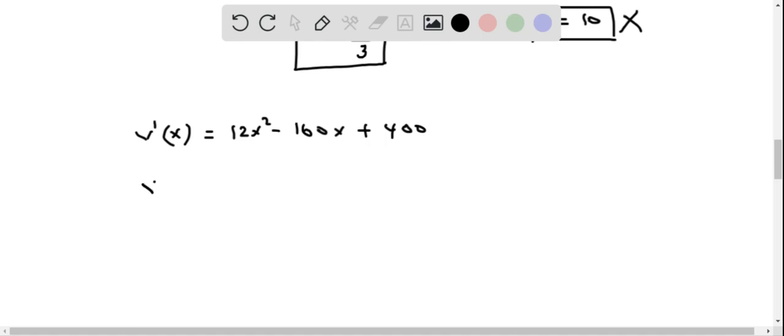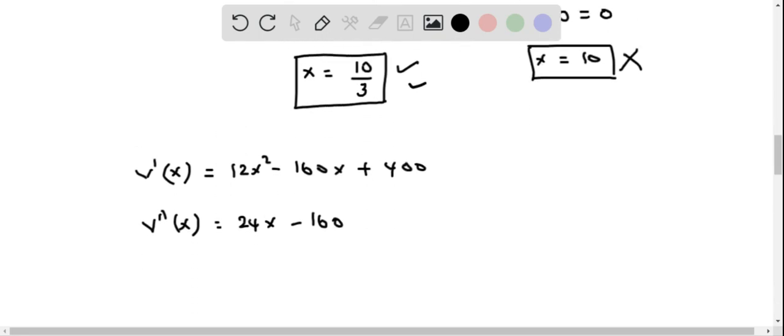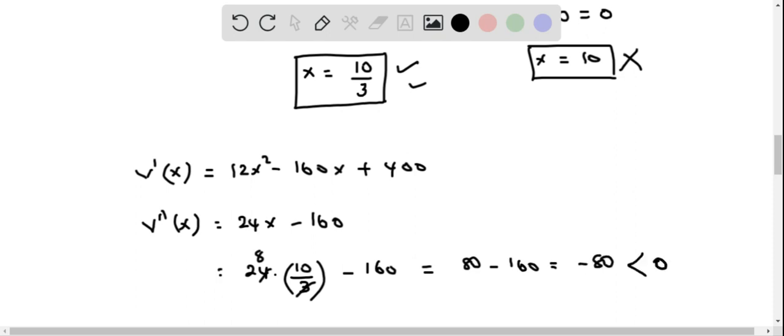Now we have to find the second derivative. This equals 24x minus 160. Let's plug x equal to 10 by 3 into the second derivative. We get 24 times 10 by 3 minus 160. We can cancel, giving 8 times 10 is 80, minus 160. So this one is negative 80, which is less than 0.